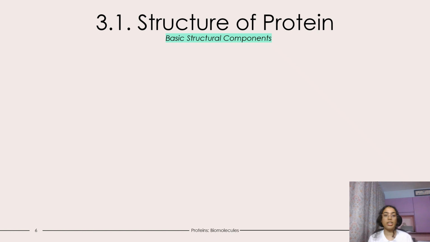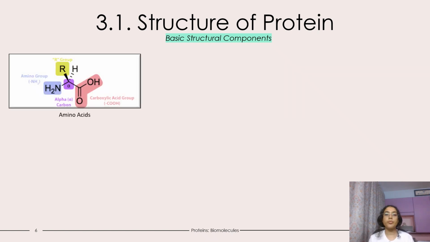Structure of protein. Basic structural components. Amino acids are the fundamental building blocks of proteins, with 20 distinct types participating in the synthesis of proteins in living organisms. Each amino acid shares a core structural framework: an amino group, NH2, a carboxylic group, COOH, and an alpha carbon atom that connects these two groups.